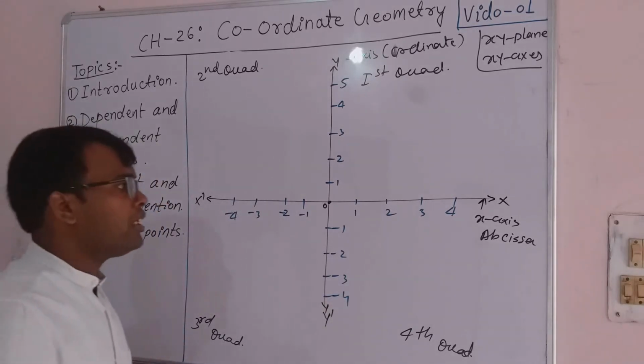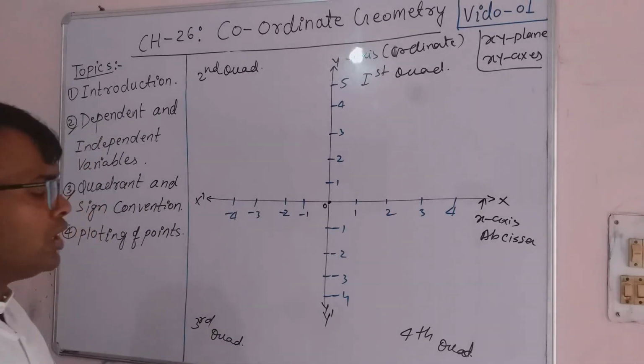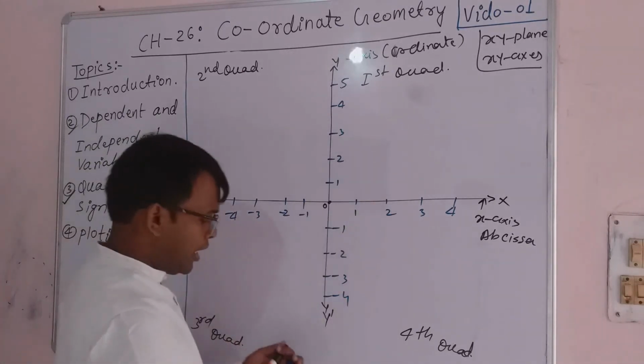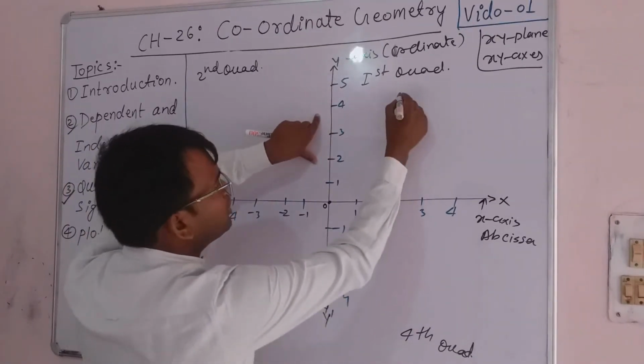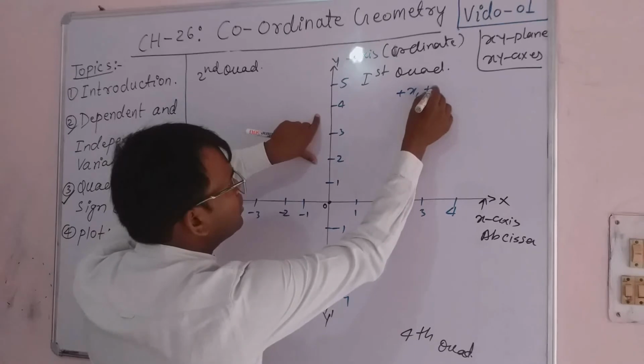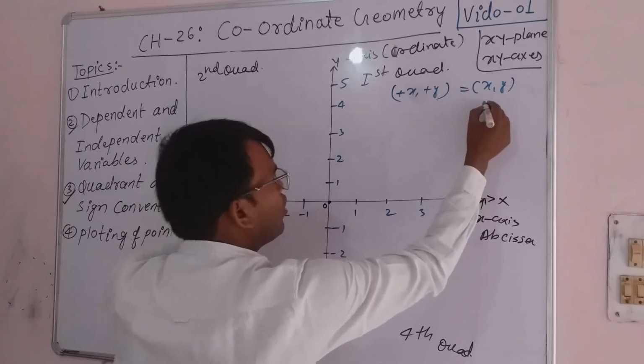After that, we have to identify the signs. In the first quadrant, x and y are both positive, so positive x and positive y, or directly you can write (x, y). This is called the ordered pair.